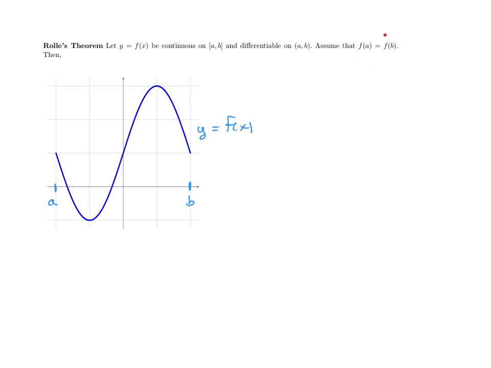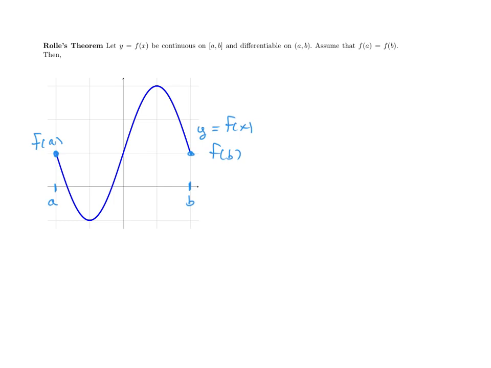This was not assumed in the mean value theorem. What that means down here on your graph is that this y value is equal to this y value. So here is f of a, here is f of b, and we're assuming that they're the same number. So your y value where you start is going to be the same as where you end.